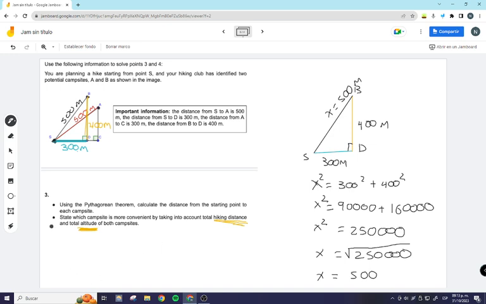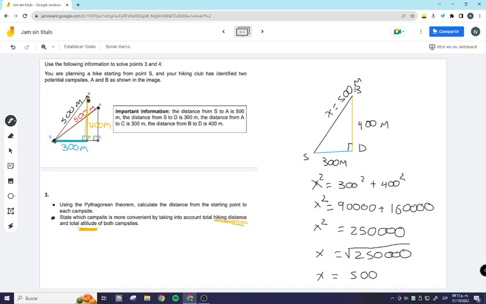Okay, but remember that for this item, you have to take into account hiking distance, which is the same, so maybe it's equally convenient, but also altitude. So which one is higher?